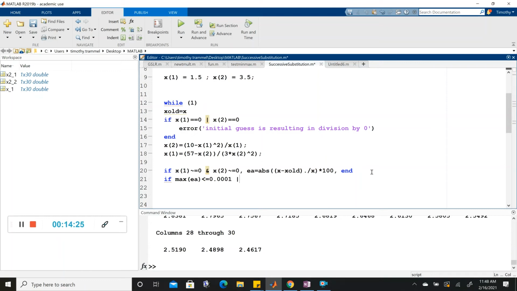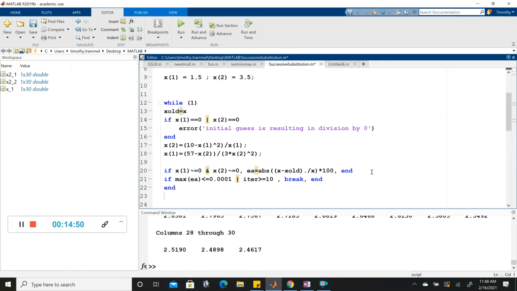But let's also build in, and you'll see why we need this in a minute, a limit on our number of iterations as well. If the number of iterations exceeds or is equal to 10, we will break. And then we can finally end our while loop.